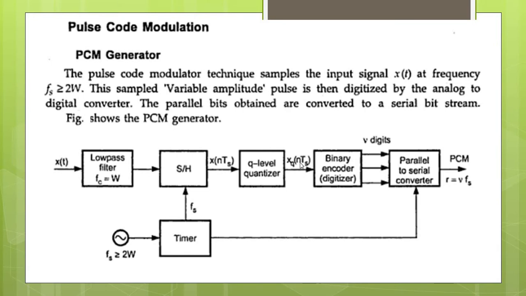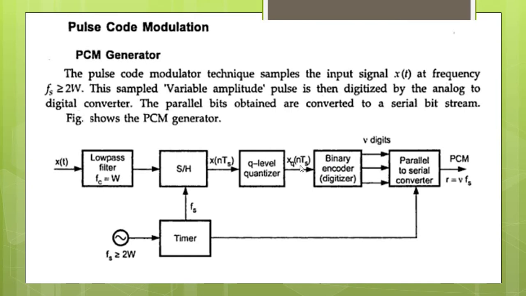So they are in digital form, but they are not in binary form. Binary form means the output should be in terms of ones and zeros. So these sample values are passed through a binary encoder. This binary encoder converts each sample value into its binary form.